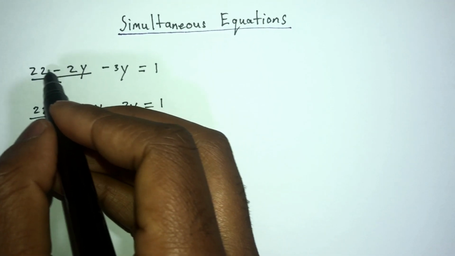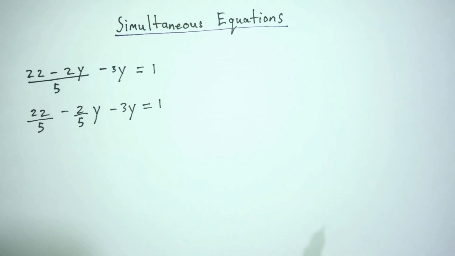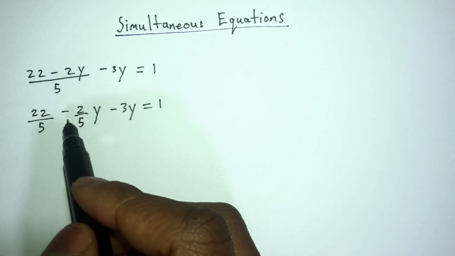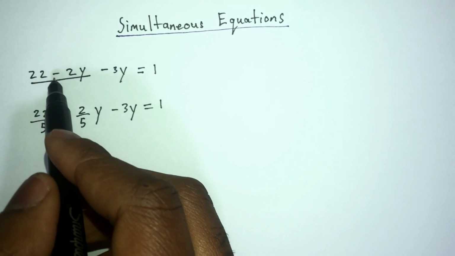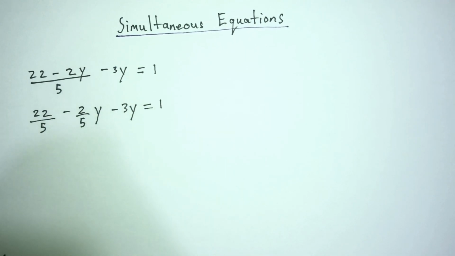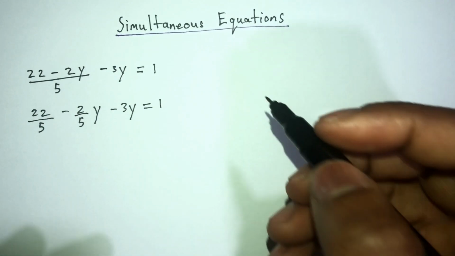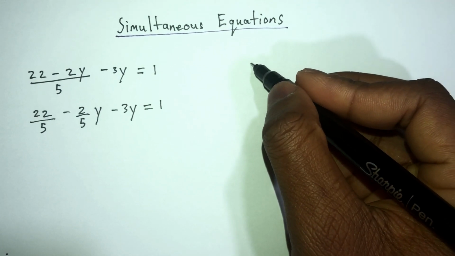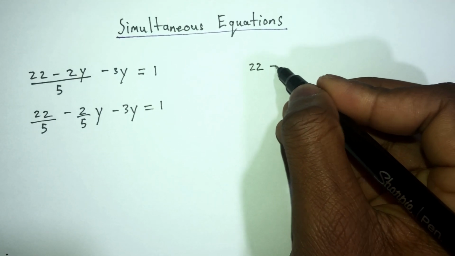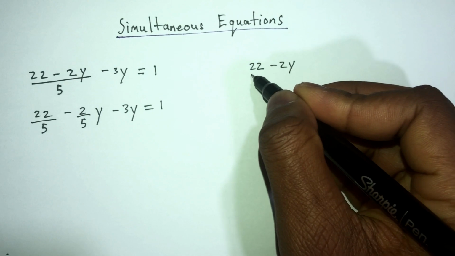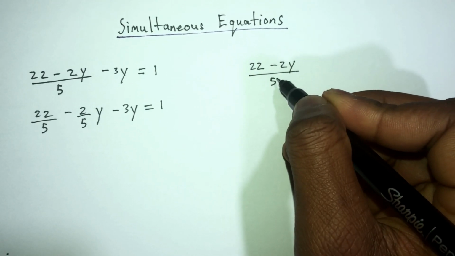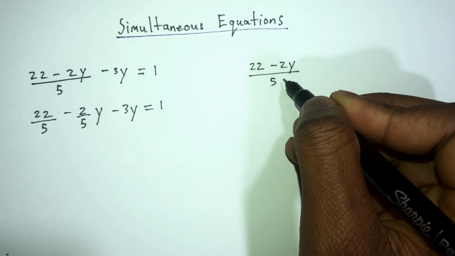So this part, I simplified it. This is because 22 minus 2y over 5, they share the same denominator.